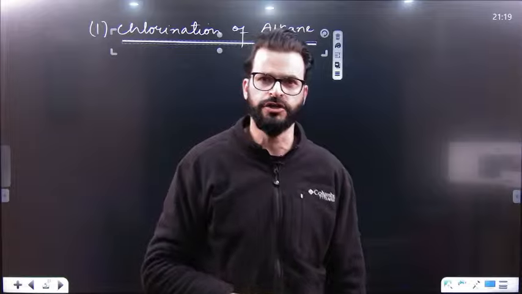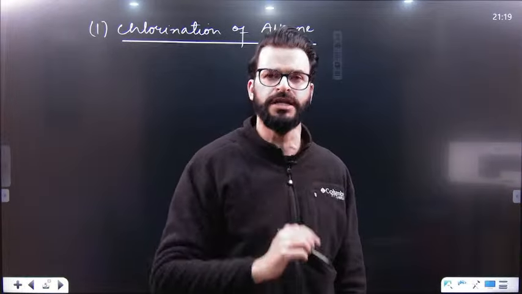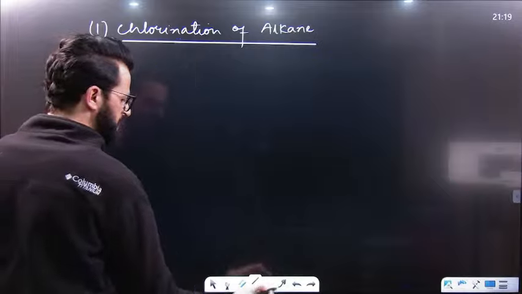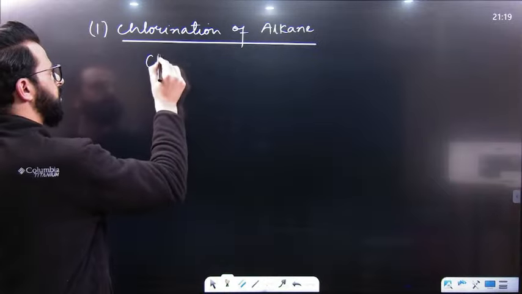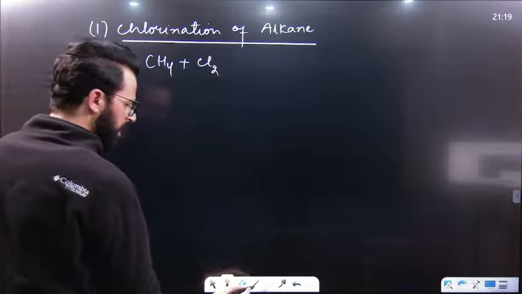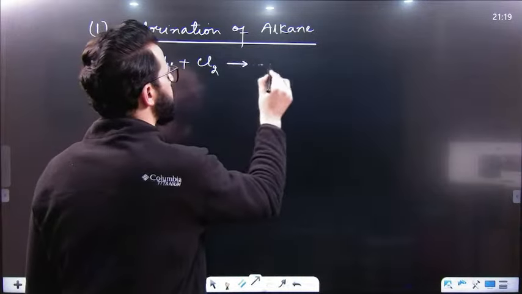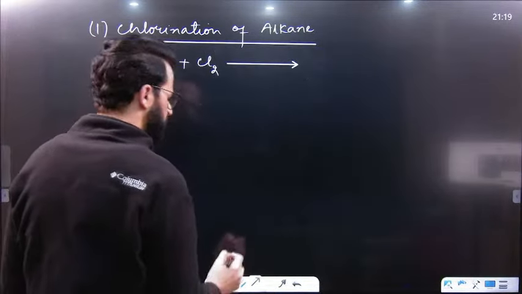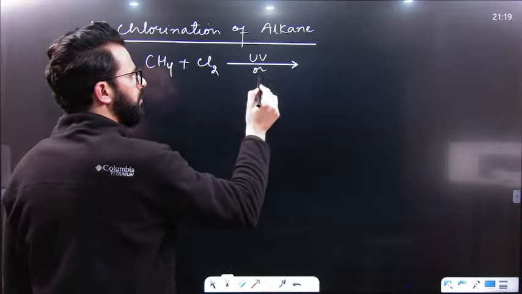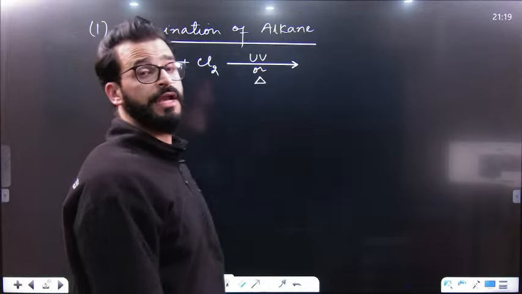So, chlorination of alkane means introduction of chlorine to alkane. Now, if we take a simple example like this, CH4 plus Cl2, and if the reaction takes place in presence of light, say for example UV or hν, or in presence of heat, what will happen?